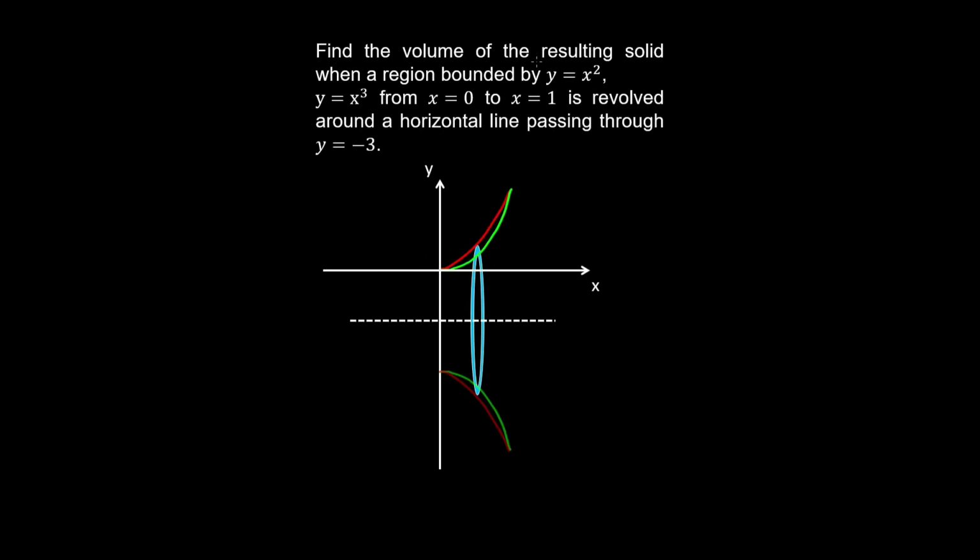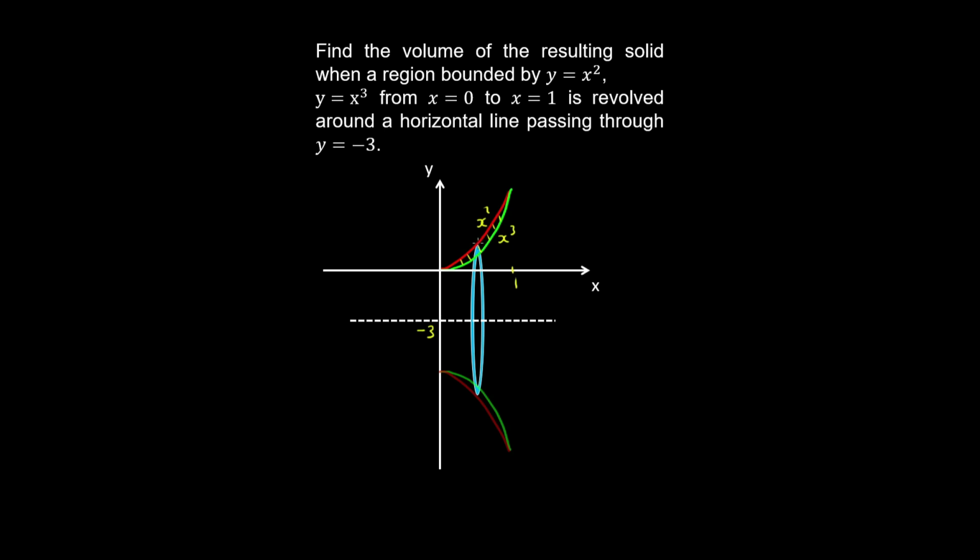Find the volume of the resulting solid when the region bounded by the parabola and the cubic from x equals 0 to x equals 1, so this region here, is revolved around the horizontal line passing through y equals -3. So we can conveniently use washers here because these curves are not touching the axis of revolution.